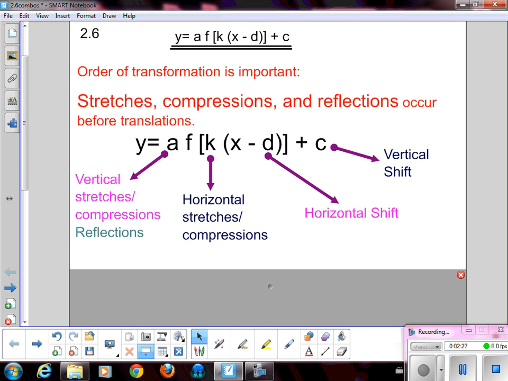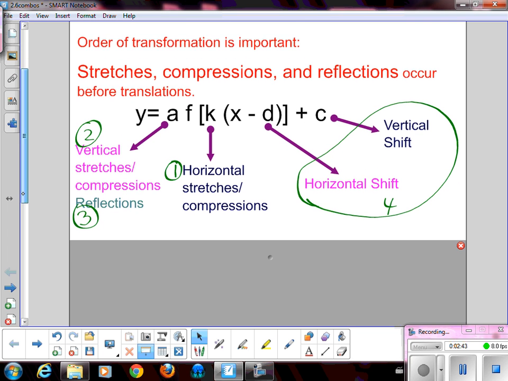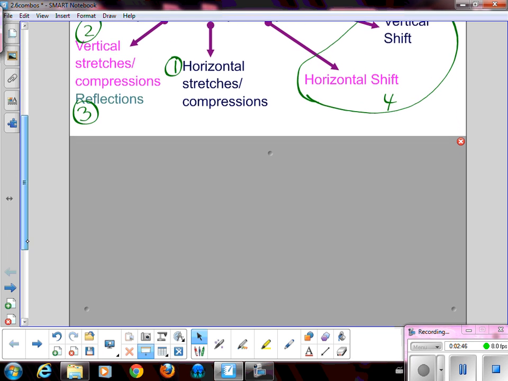So in most cases, the one that we do first is the horizontal stretches and compressions, so how it affects X. Then we look at the other items in a specific order, and then these two here can be done together in most cases. So let's look at a couple examples when we're actually doing this.